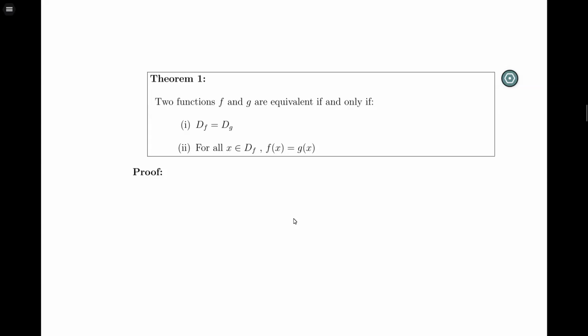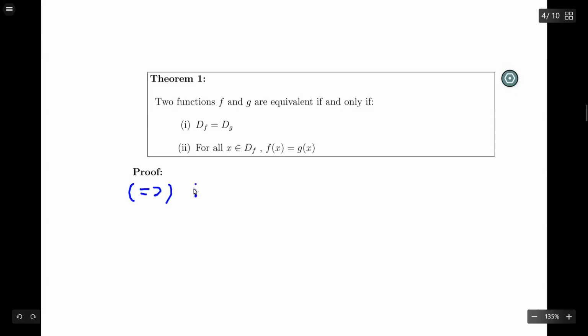So to prove this, it's a biconditional, so we have to prove the forward implication and the backwards implication. I'm going to prove the forward implication. The backwards implication is fairly obvious.